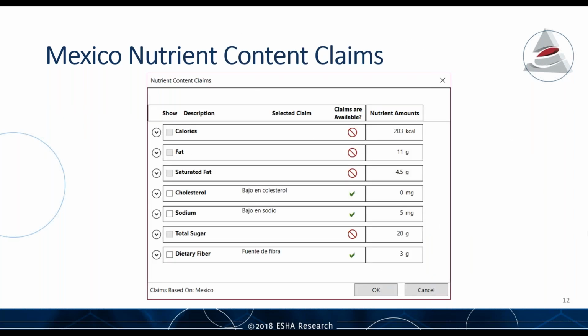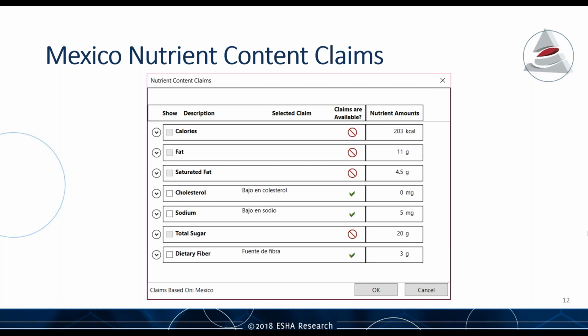The 11.5 version also includes Mexico nutrient content claims. So again, these are per Mexico regulations and based on the claims that you can make. The Mexico labeling module in Genesis includes the nutrient content claims, much like you would experience with other countries. So it's helping to qualify and identify those claims that your product is eligible to make.